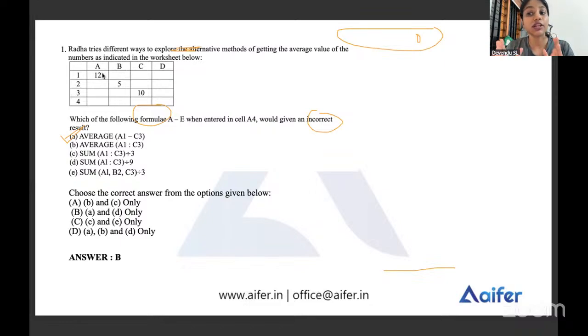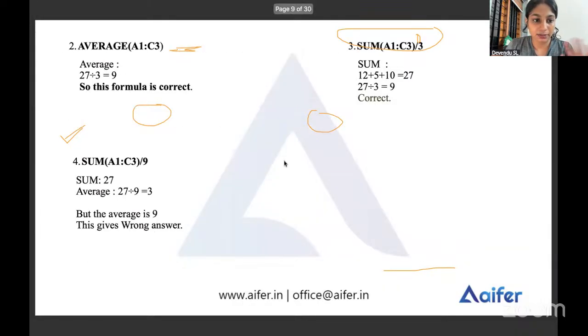From A1 to C3 means what cells? A1, A2, A3, B1, B2, B3, C1, C2, C3. So we have the three numbers included in that, 12, 5 and 10. The others are blank, so we do not consider the blank ones. Here the command given is average.